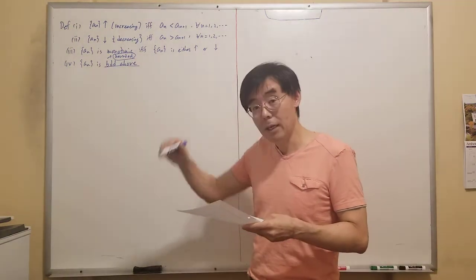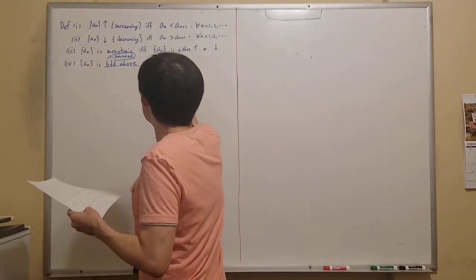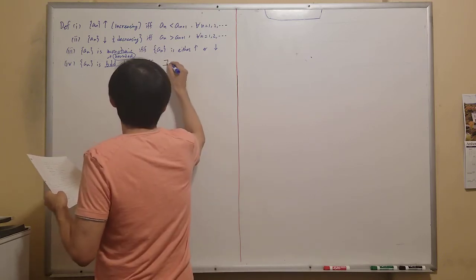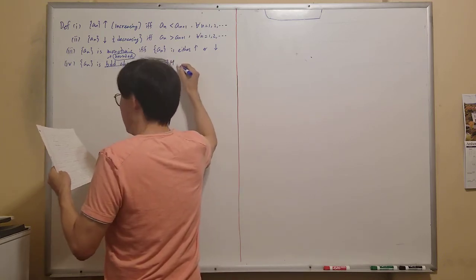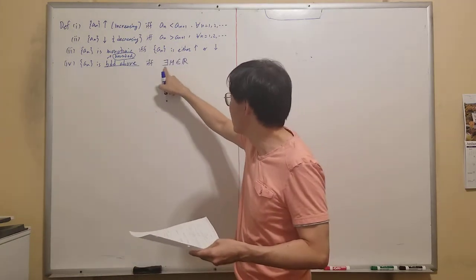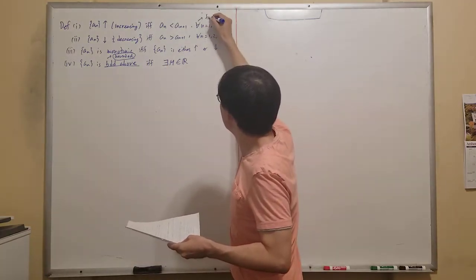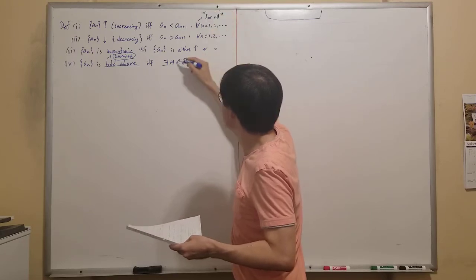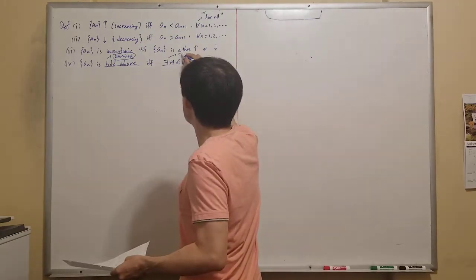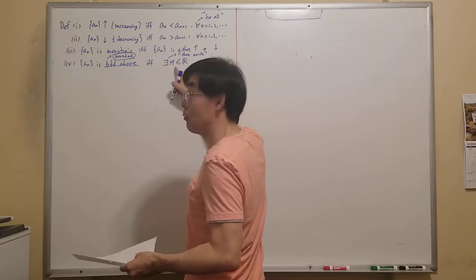Bounded above means there is a ceiling in the values of the sequence, if and only if there exists some real number M. You remember this notation: the upside-down A is 'for all', and this flipped capital E is 'there exists'.